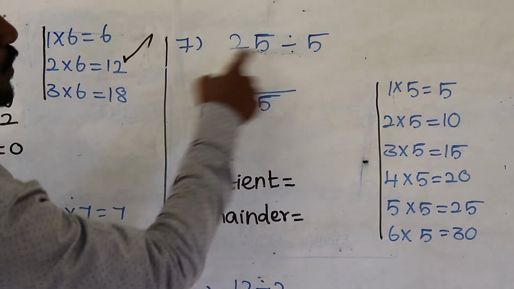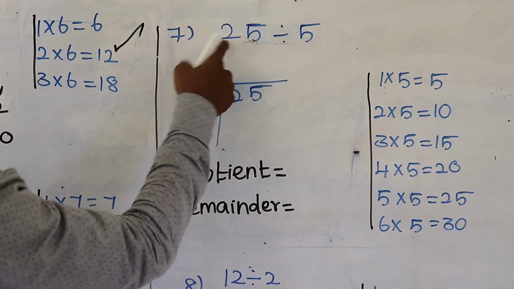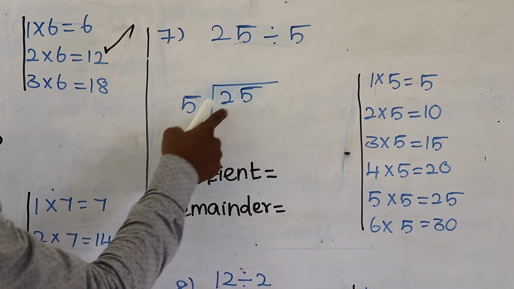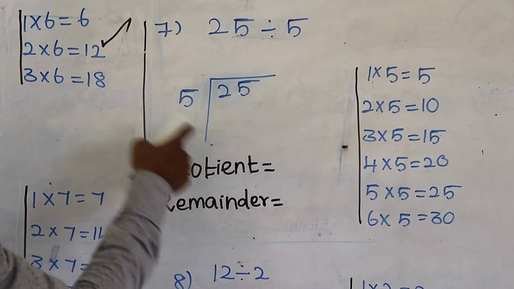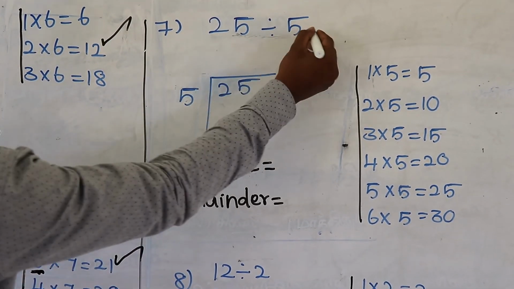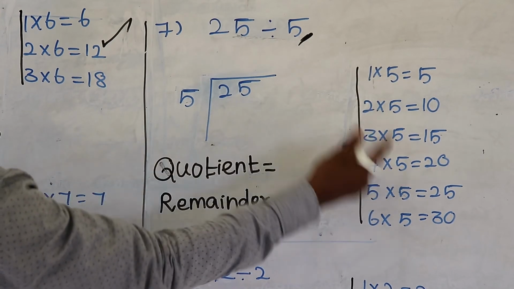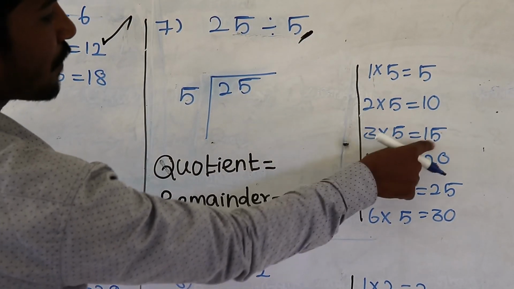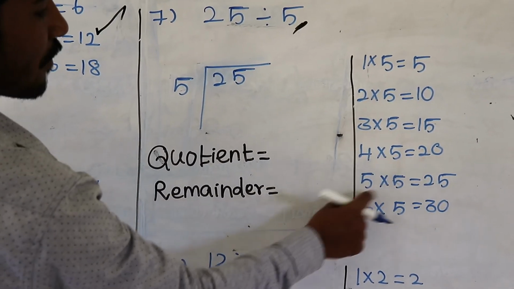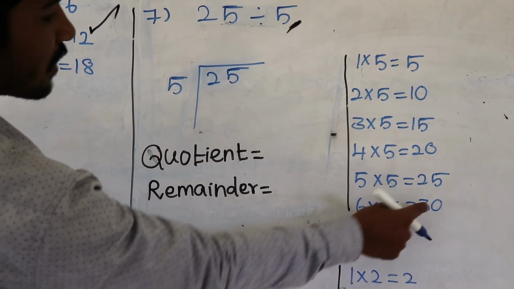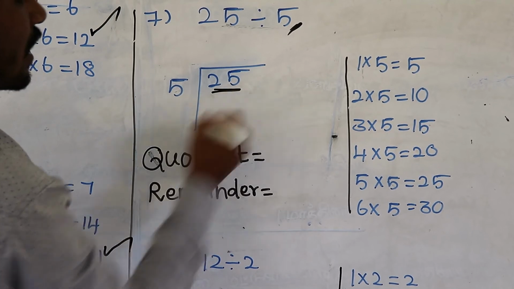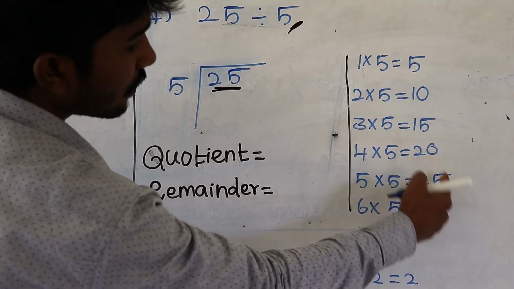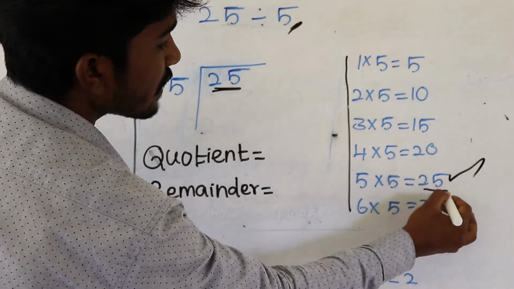The next, seventh sum, 25 divide 5. 25 is the divided value, 5 is the divisor. Write like this, 25 divide 5. The fifth table is possible. Write the fifth table: 1 5 is 5, 2 5's are 10, 3 5's are 15, 4 5's are 20, 5 5's are 25, 6 5's are 30. But here the divided value is 25. Where is the divided value 25? Here it is. So 25 is possible.